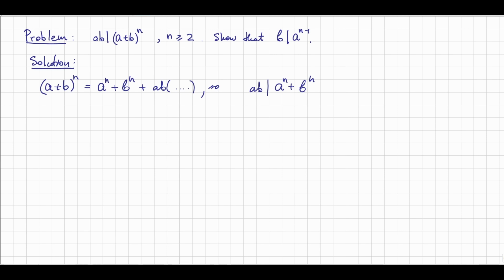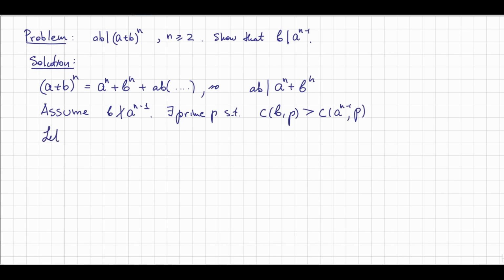Furthermore, let us assume that the conclusion of the problem does not hold. So let us assume that b does not divide a^(n-1). In that case, there exists a prime p such that c(b,p) is strictly larger than c(a^(n-1),p).